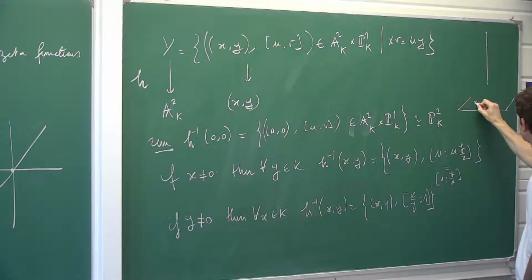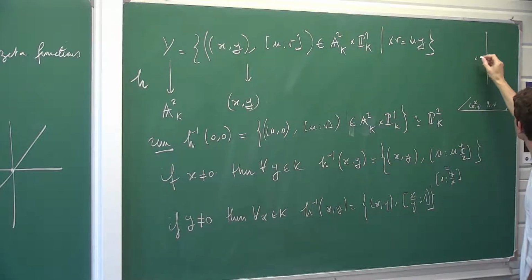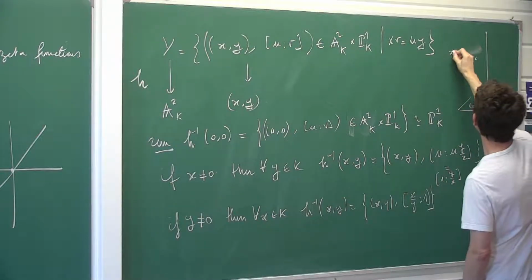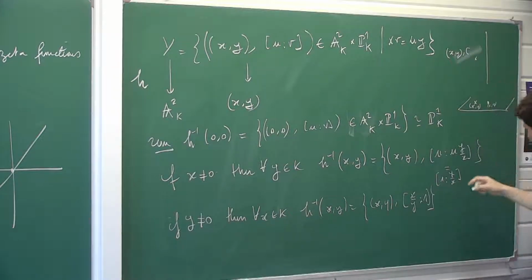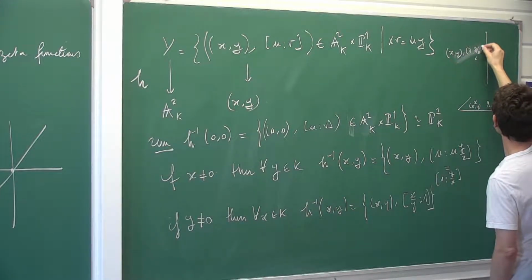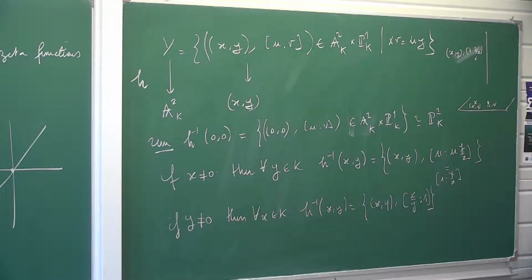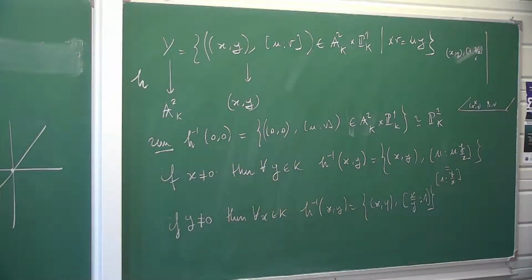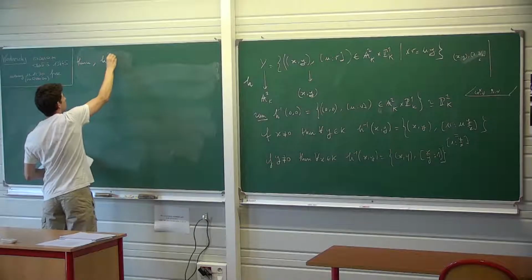Okay. Each point (x, y), you have a unique point, (x, y), y over x, for instance. Okay, so this map H is a regular map.